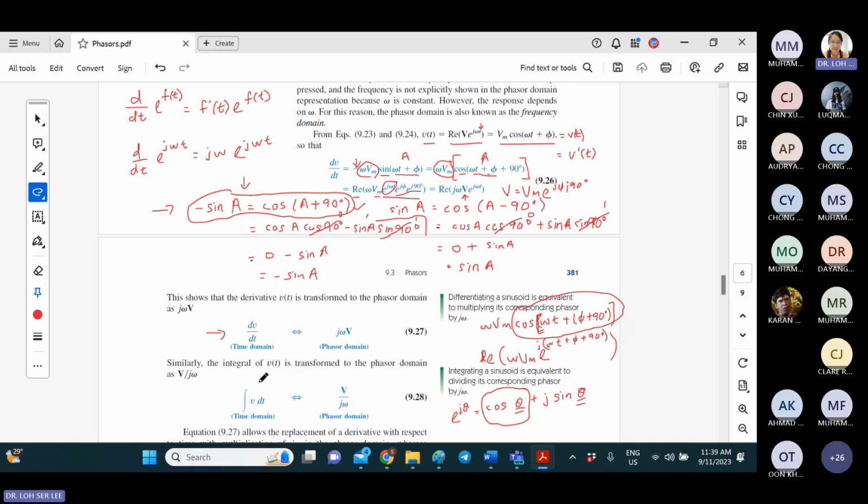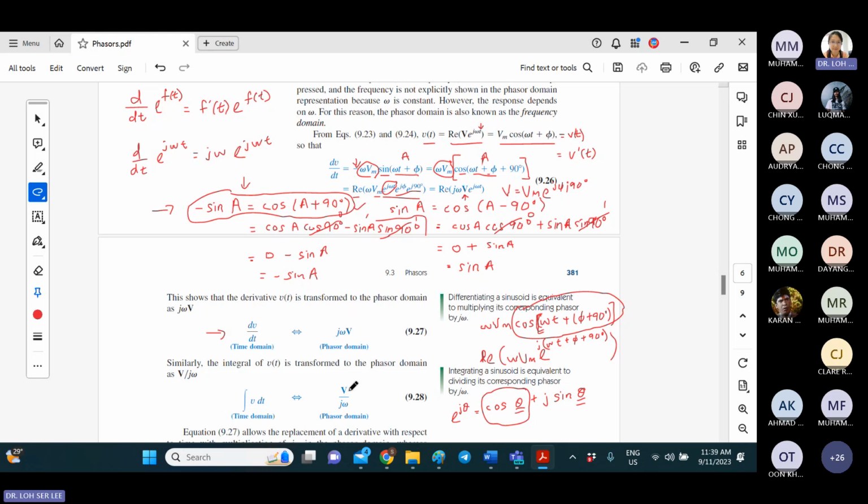When you integrate this sinusoid, you get V over j omega. Because when we differentiate an exponential function, the derivative is multiplied to the exponential function.